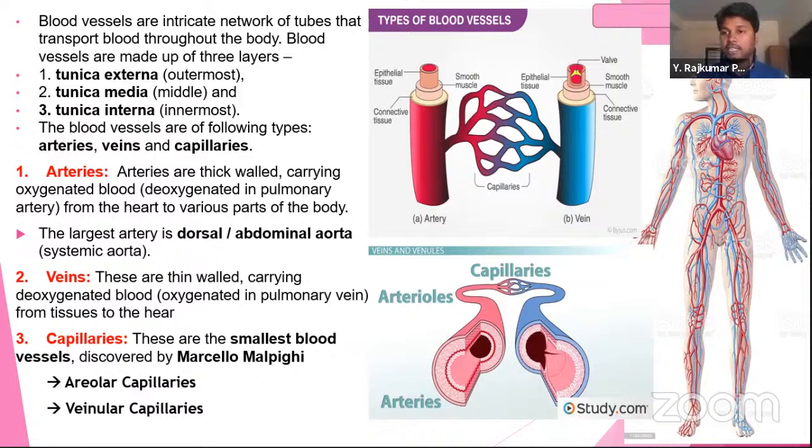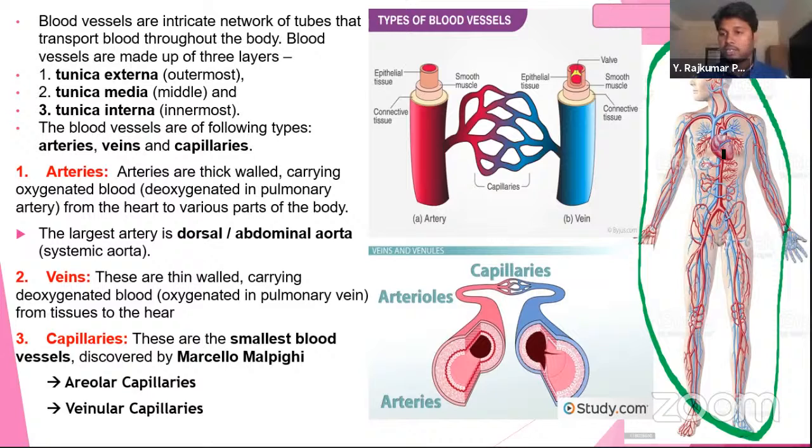In the diagram on the right side, you can see the structure of the human body, and there is a heart, and there are vessels supplied. There is a tubular network all over the body. This intricate network of tubes that transport blood throughout the body are called blood vessels. You can see the red colored tubular network and blue colored tubular network. These are called blood vessels.